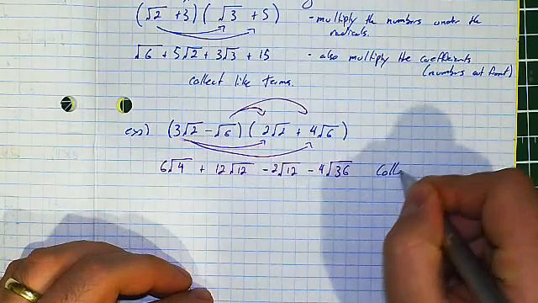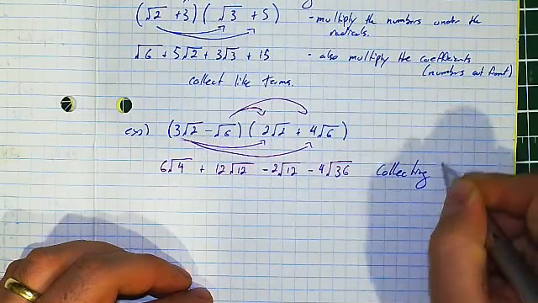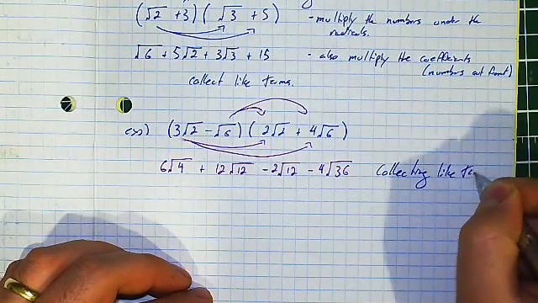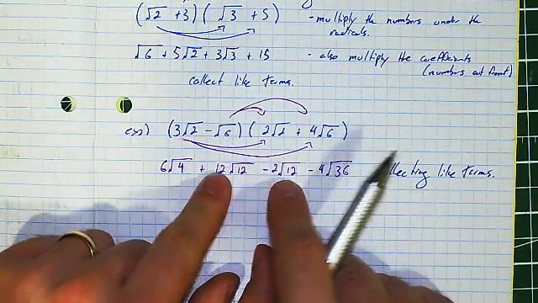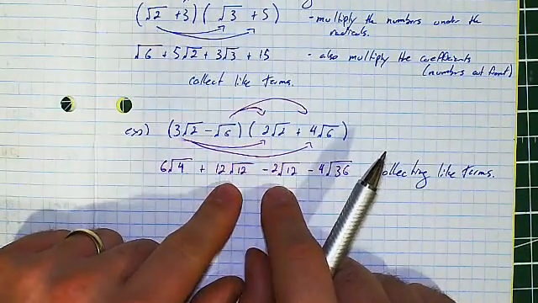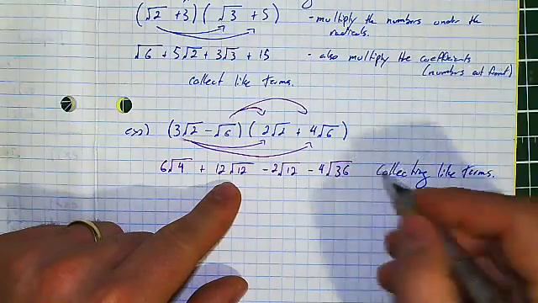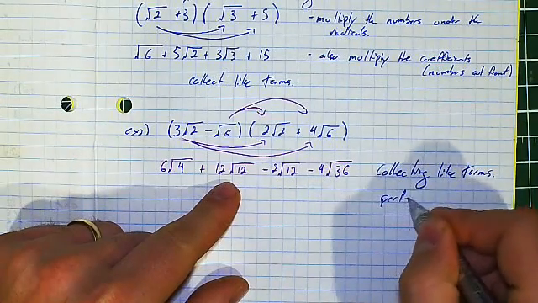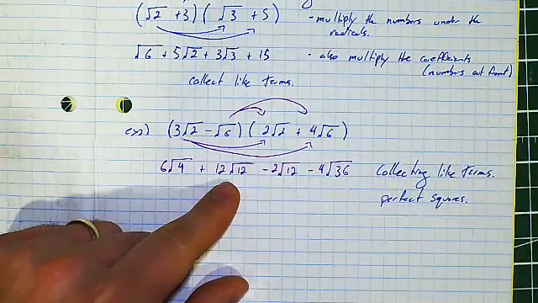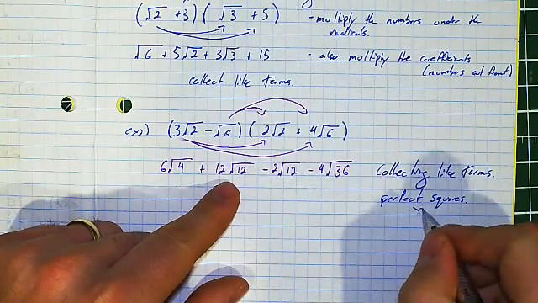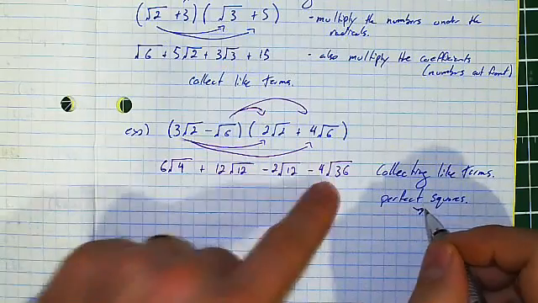Now, like last time, we talked about collecting like terms. In this situation, we're talking about our root 12s because we have two of them. One thing I'd also like to point out is if you have any perfect squares, you can just convert those to their whole number.